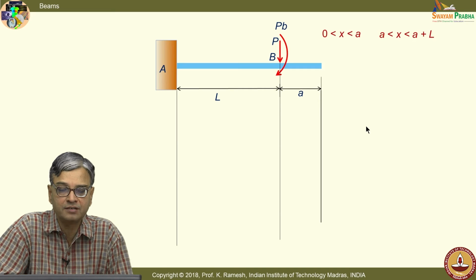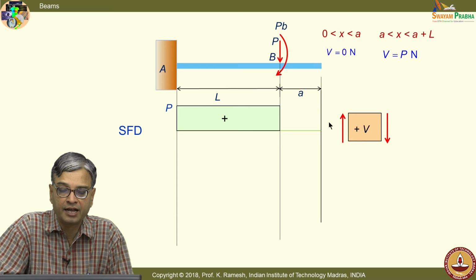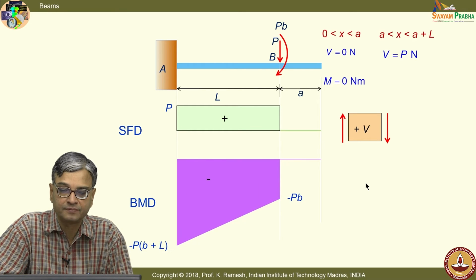So, I have the values from the computation earlier. I get this, and I draw the sign convention for the shear force. I also draw the bending moment diagram. See, I have a step change.